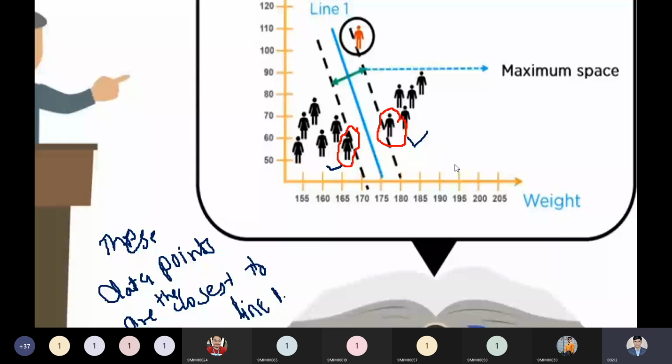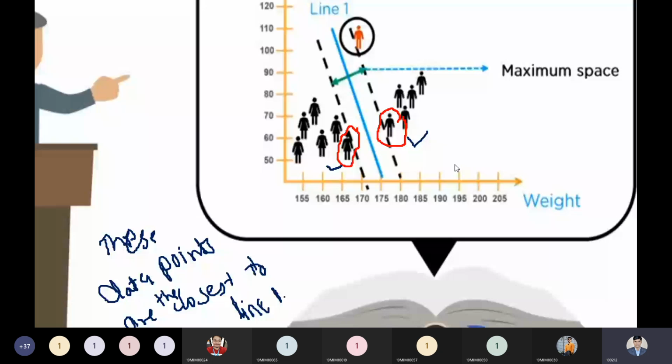Now this part is clear: what are support vectors? Let me know if this point is clear. Tell me. Yes, sir. Okay, good.